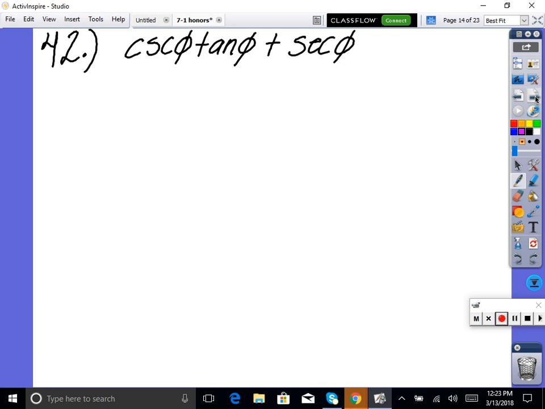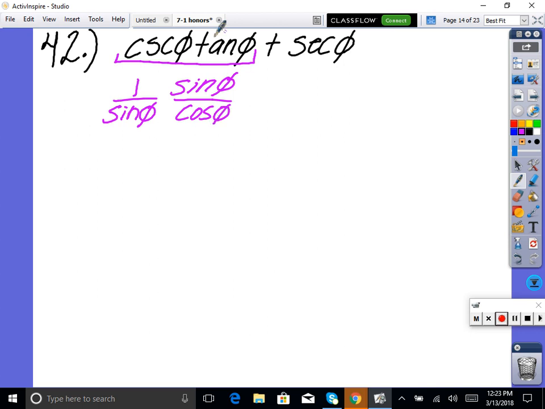Can we simplify that? So cosecant is 1 over sine of phi, and then tangent is sine of phi over cosine of phi. This is just this pink piece, so can't those divide out? So we have 1 over cosine of phi, then over here I have plus secant of phi.